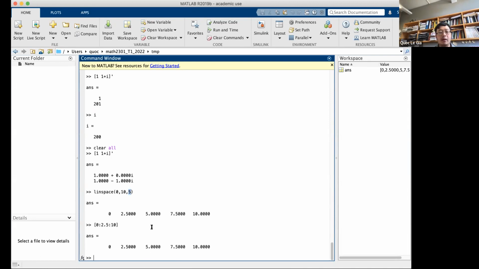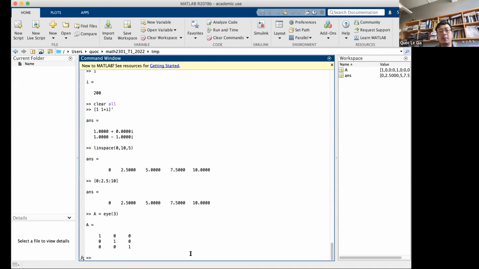So the next one is about how you modify a matrix in Matlab. Suppose I have I3. This is a 3 by 3 identity matrix, I is for identity.